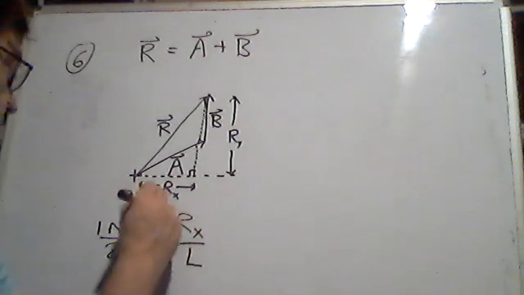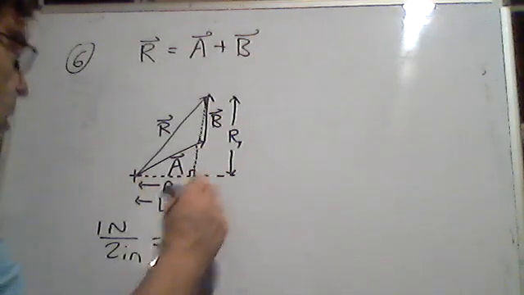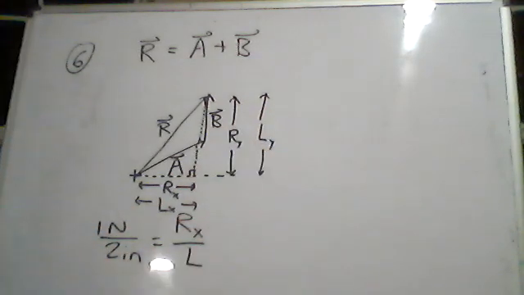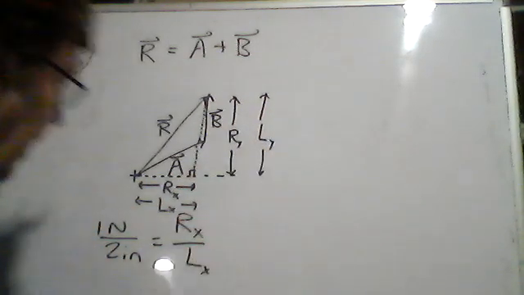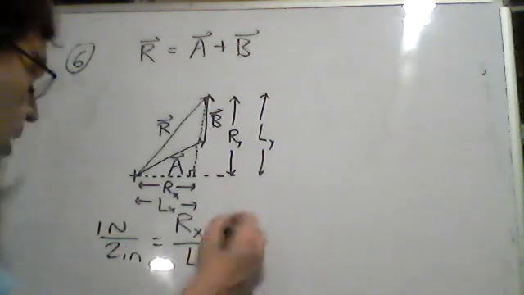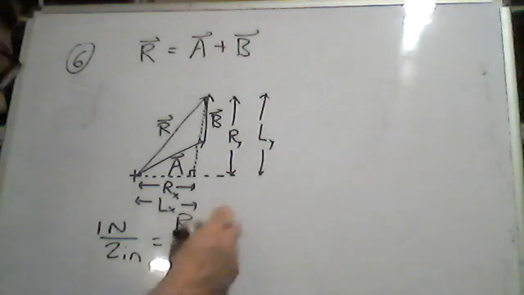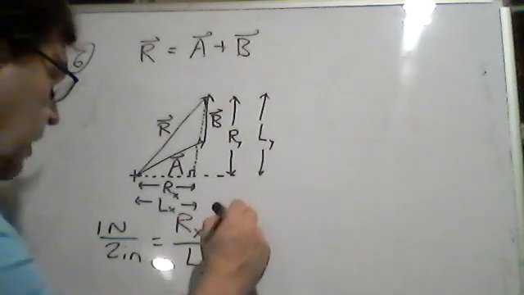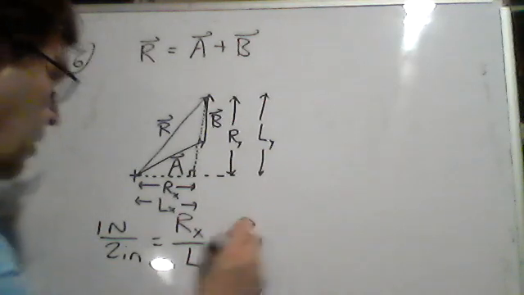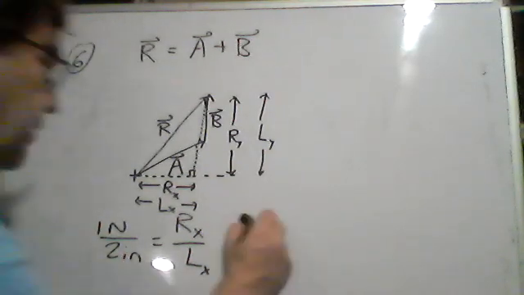So I'll call this L sub x. That's how I measure a length L sub y, right? So I measure that length, I measured L sub x, and I can just basically do the cross multiplication. I realize that basically R sub x is L sub x divided by 2.